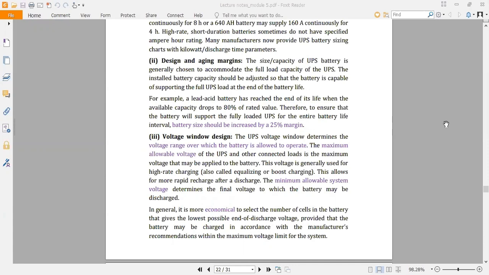So the maximum allowable voltage is what? The maximum voltage of the UPS and the other connected load, that is the maximum voltage that may be applied to the battery.